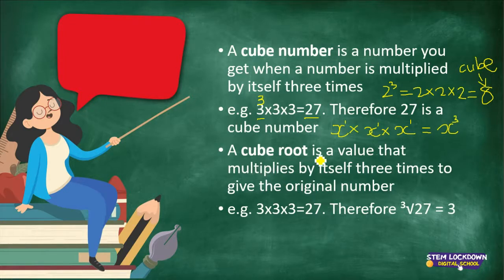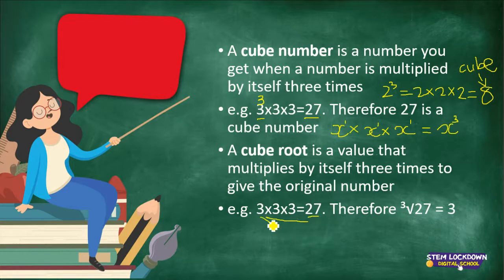Cube root. This is a value that multiplies by itself 3 times to get the original number. So 3 times 3 times 3 is 27, which is a cube. You want to know which number multiplied by itself 3 times gives you 27. Obviously, that number was 3.